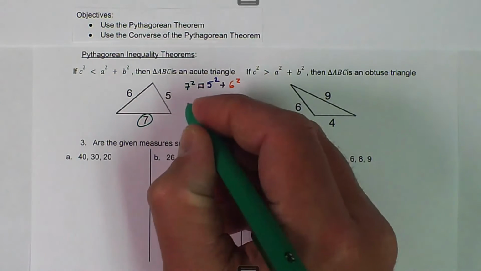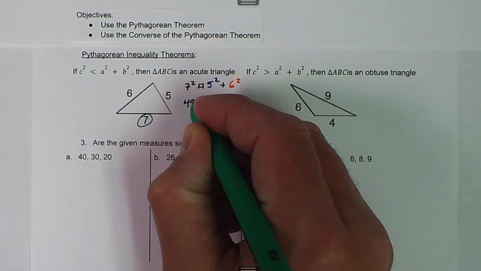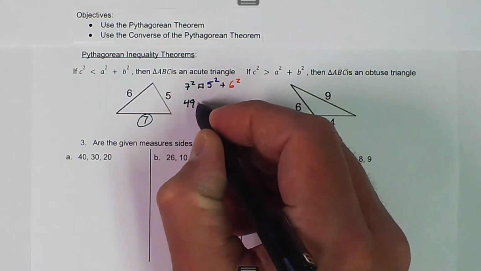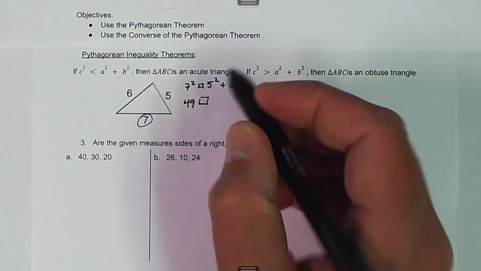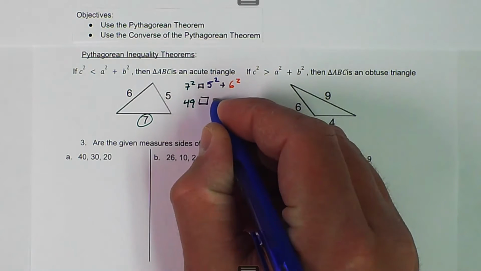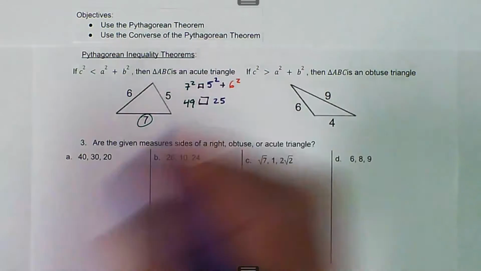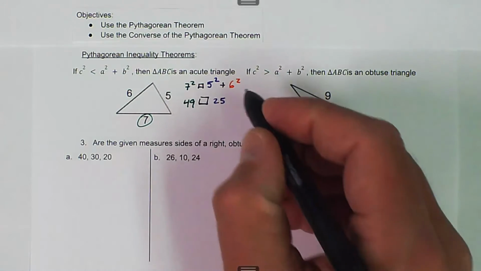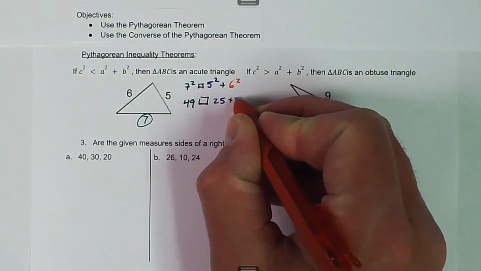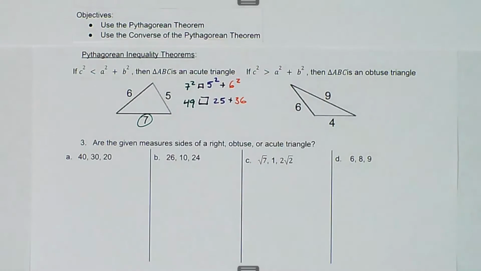7 squared is 49. And we still want to decide what sign is going to go there. And 5 squared is 25, and we want to add it to 36. So 25 plus 36 is 61.